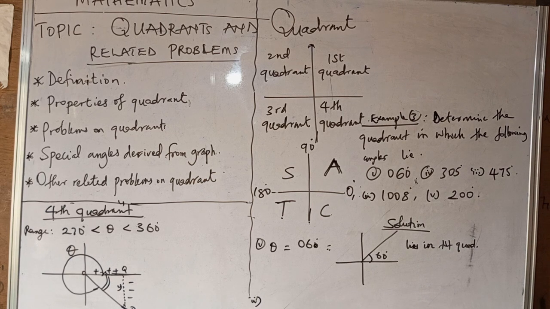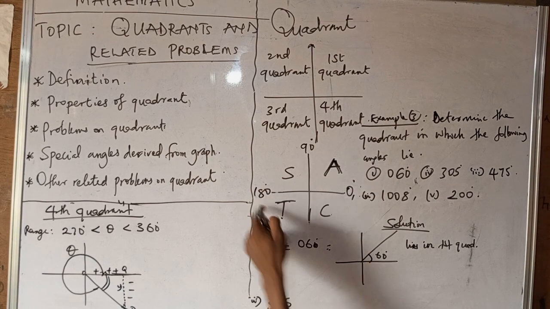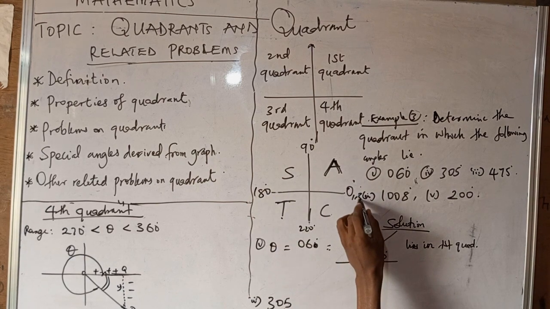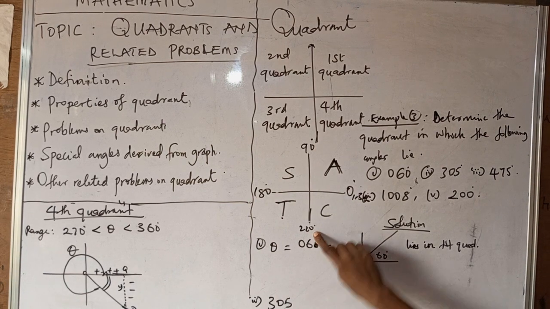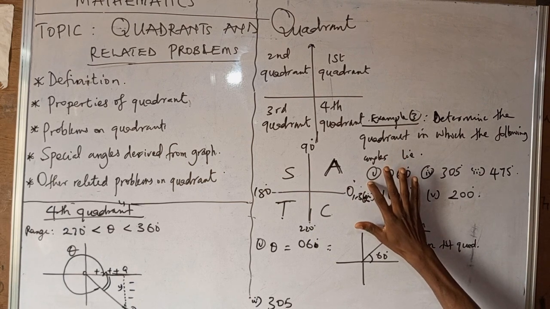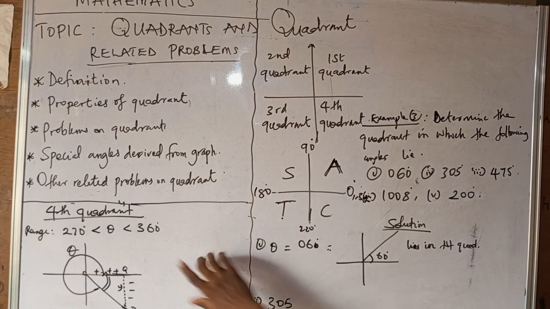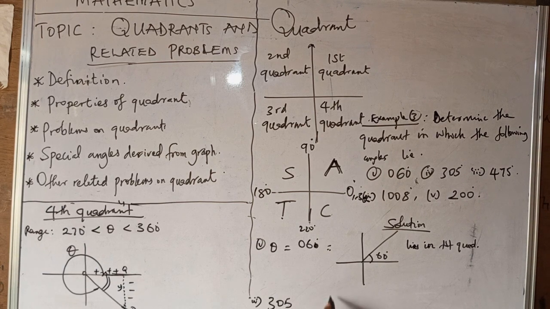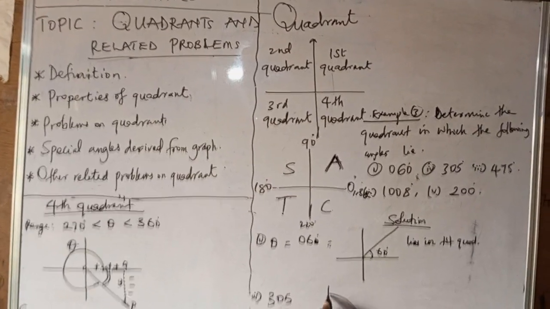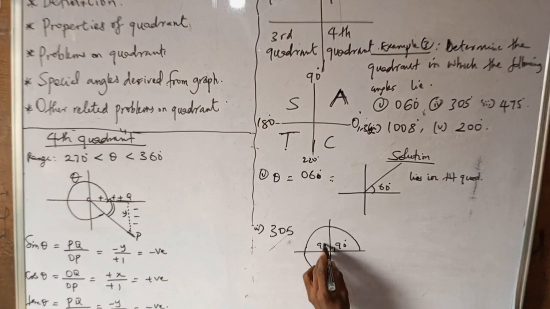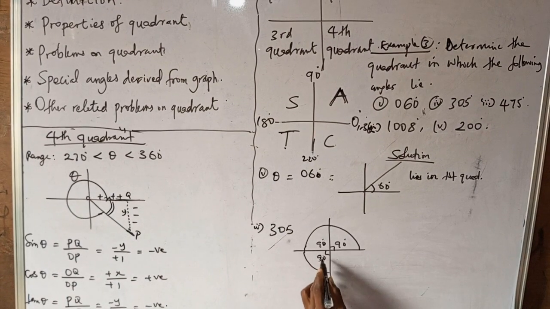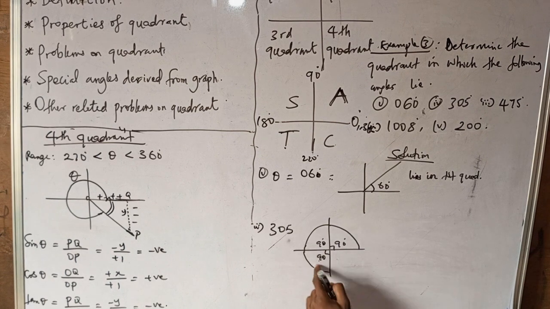Okay, second one, 305 degrees. Go back to your range: 0, 90, 180, 270, and 360 degrees. 305 is bigger than 270 but less than 360. So automatically, it will fall in the fourth quadrant. In the anti-clockwise direction, 90 plus 90 is 180, plus 90 is 270.